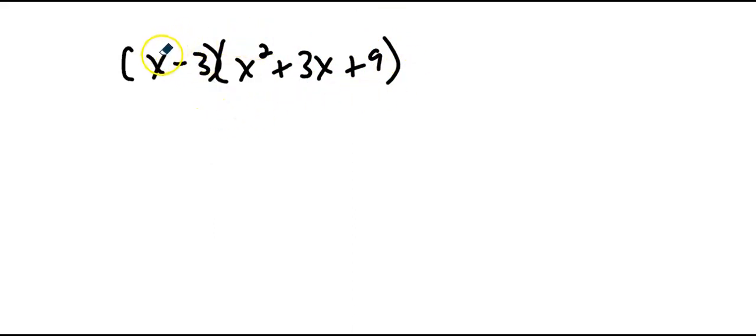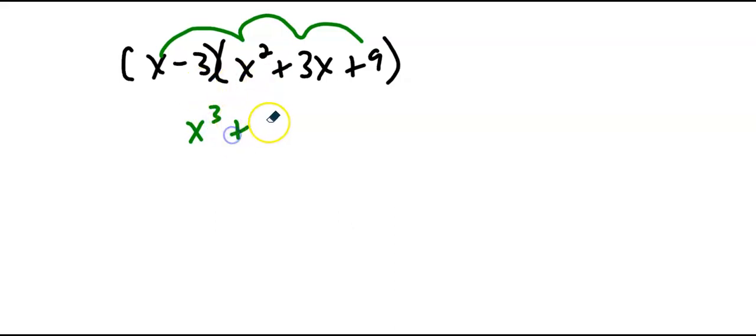So we'll multiply the x by each term in the trinomial. That'll give me x cubed plus 3x squared plus 9x.